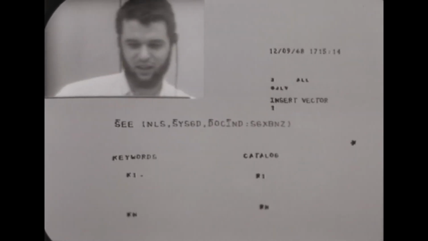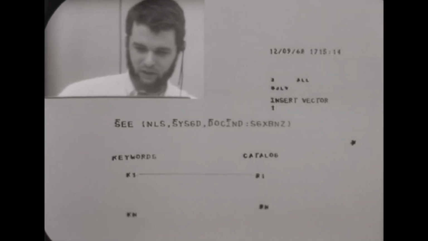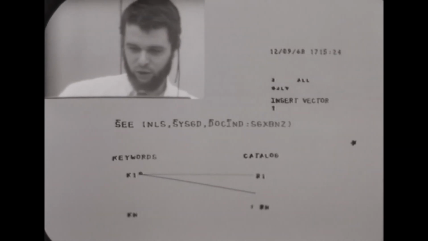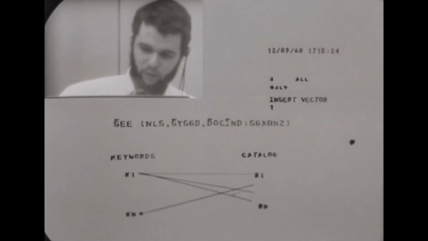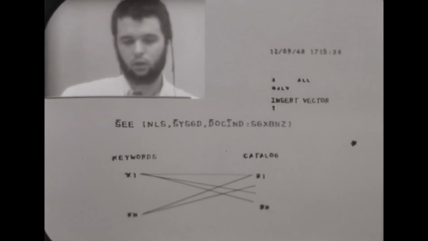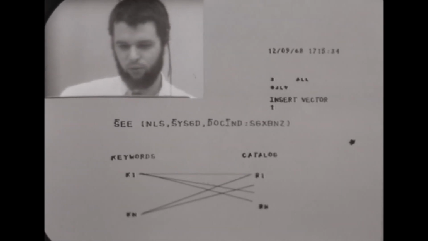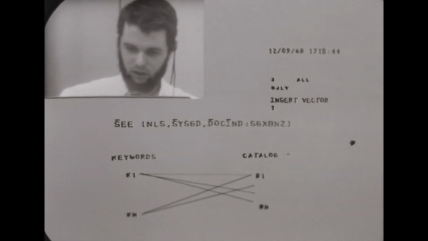That's fine. Each keyword, then, will point to various items in the catalog. So the first keyword may point to those, and then the nth keyword will point to other ones. And there will be cases where they both point to the same one. When I select a keyword, I'm specifying that all of the items in the catalog that it refers to will be pulled out, given to me.